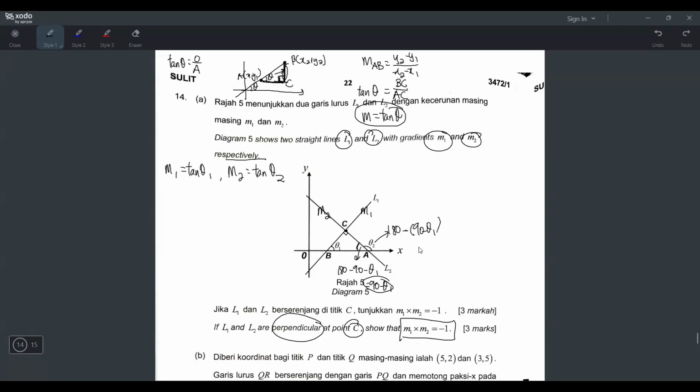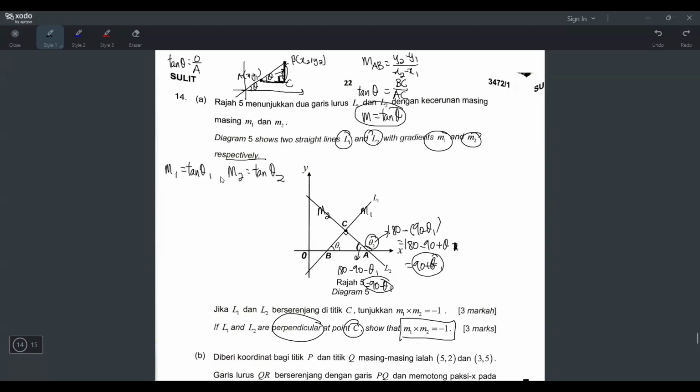If you open the bracket, you get 180 minus 90 plus theta 1, which gives 90 plus theta 1. In other words, theta 2 is actually 90 plus theta 1. This angle is actually 90 degrees plus this angle, right? So if you have this case where two lines have this relationship, where theta 2 is 90 plus theta 1, then they are perpendicular. And that means M1 times M2 is negative 1.